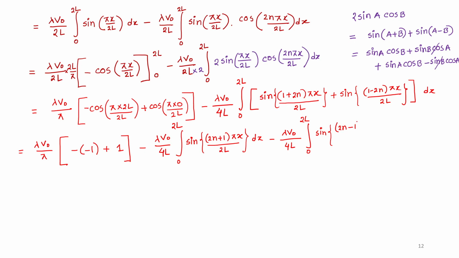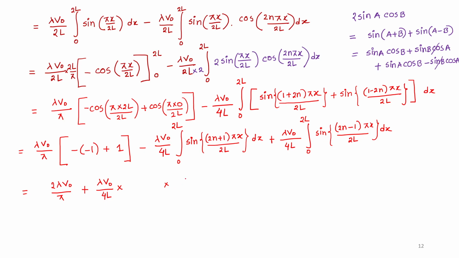If I write it as 2n minus 1, I need to make sure that outside it I am also taking one minus, so minus minus it will be plus. Okay. So here what we have got is 2 lambda v0 by pi. Then we have lambda v0 by 4L sine. Now we'll have the constant, we'll write it later, but we'll get minus cos, right?